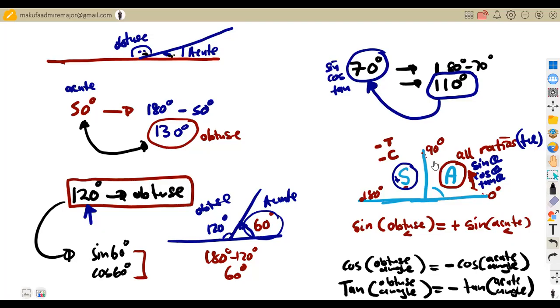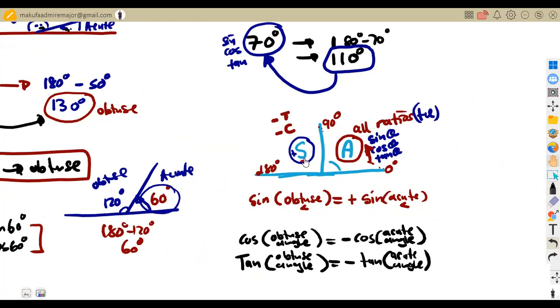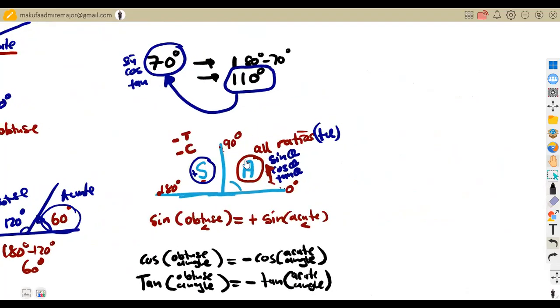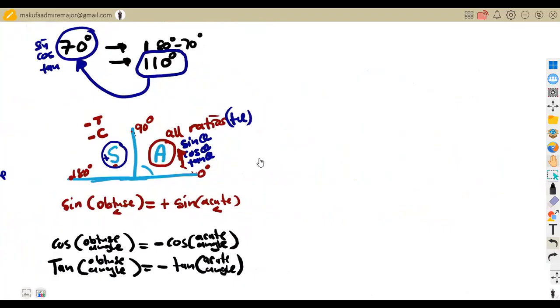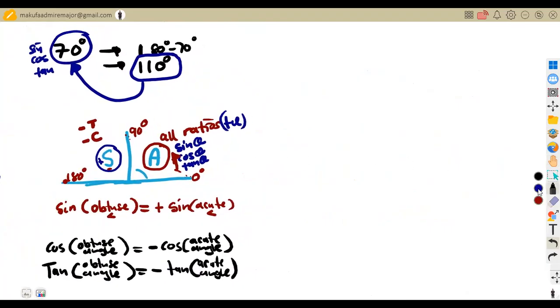Remember what I said before: in paper 1, they will give you a diagram that has a triangle. In this case, you'll be given a triangle with an angle of 110. You are given these two sides, whatever you have. On the given information, they are not going to give you information for 110. They are going to give you the information of the corresponding angle, which is the acute angle.